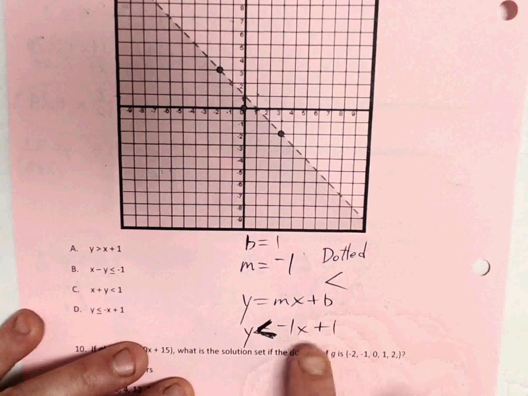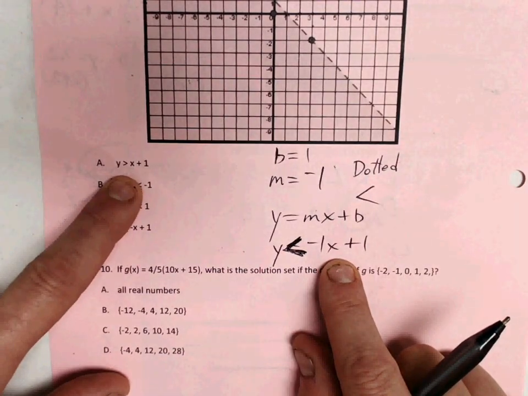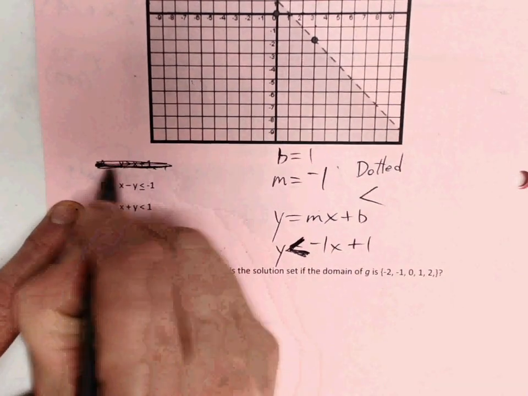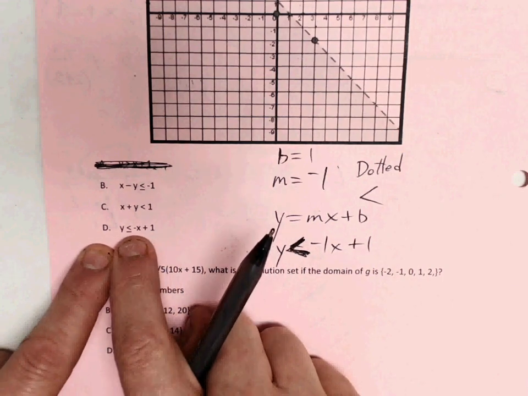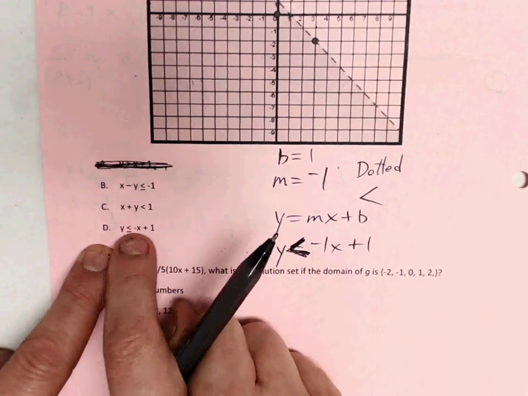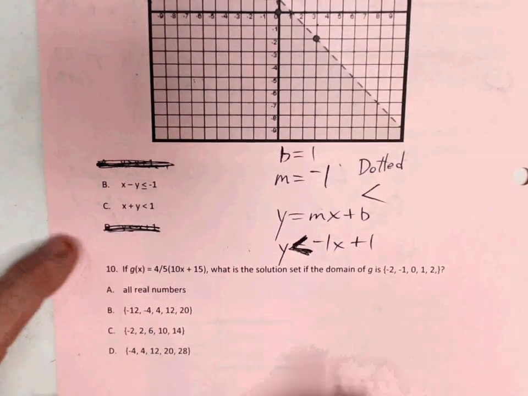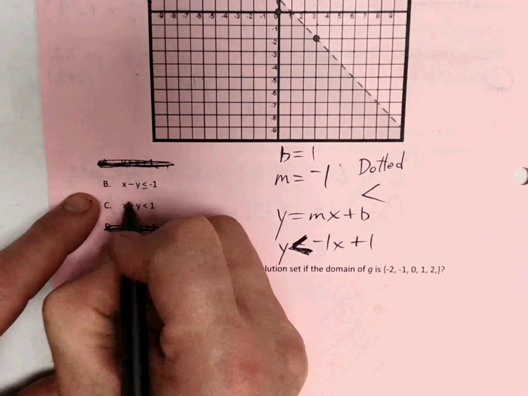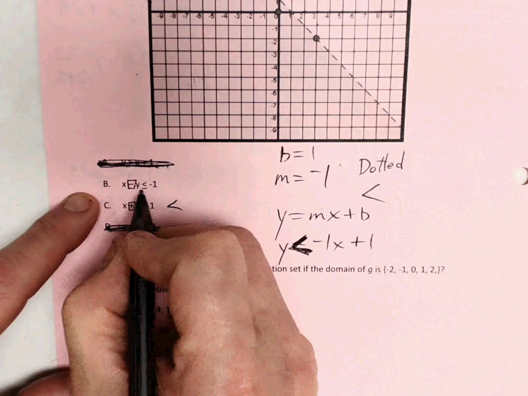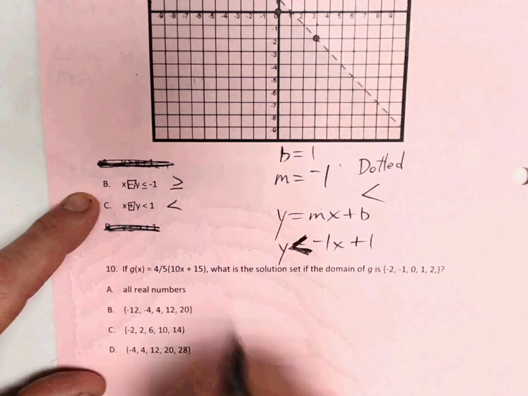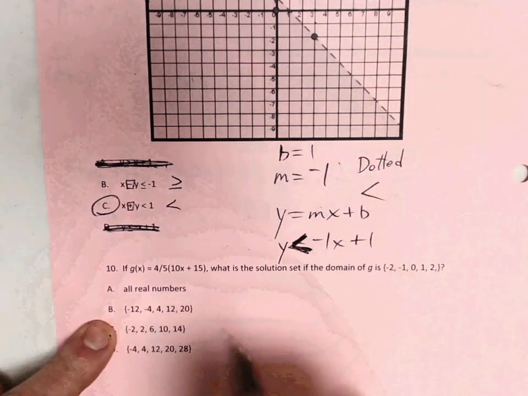And plus 1. So do I have this answer anywhere? Let's see. That's not it. That one is close, but that one has a line underneath it. That would be a solid line, and I clearly don't have a solid line. Now remember, you got to look in front of the y. This one will stay less than, but this one, I'm going to divide by a negative, is going to switch the sign. So the only one that matches my symbol is C.